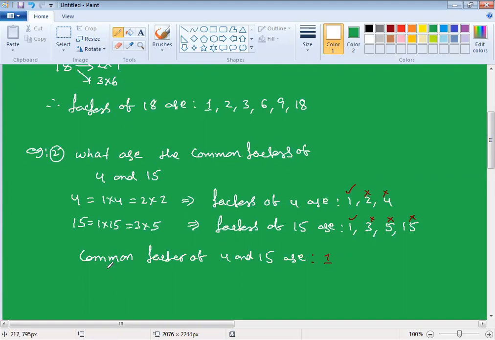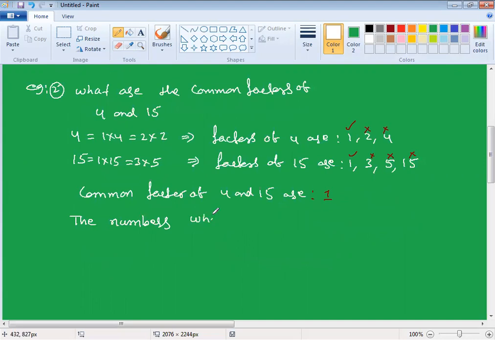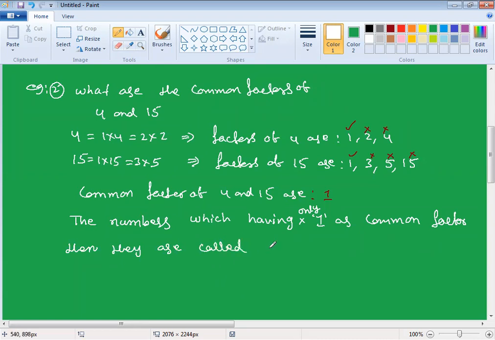Now, the numbers which have only 1 as the common factor, then they are called co-prime numbers.